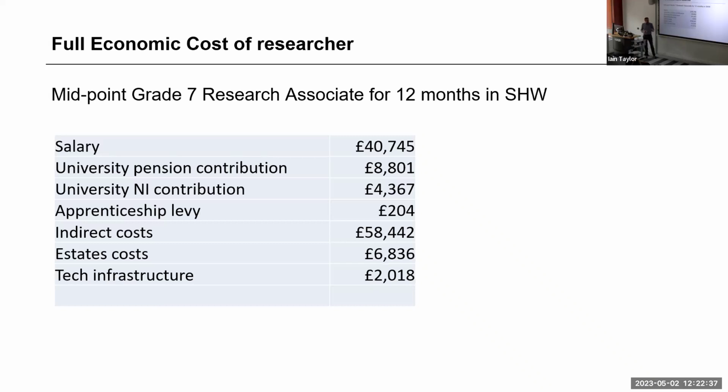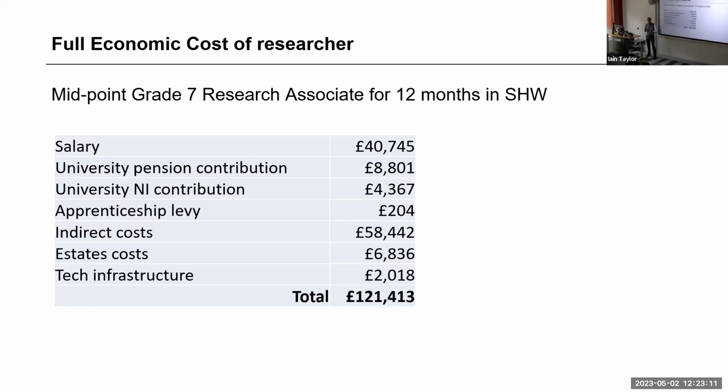And then there's this other funny little category of indirect costs called technician infrastructure, and I still don't really know what that is, but I think it's to do with the technicians needed for lab support and office support. Another £2,000. So the total cost, if any of you are going to come for a costing for 1 year of a grade 7 researcher, the economic cost to the university would be £121,000 for that year.